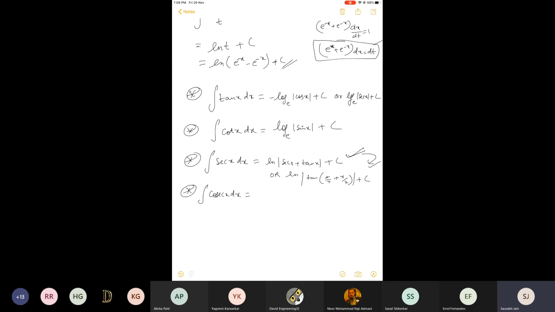Then for the third one, minus ln cosec plus cot plus c, ln mod cosec minus cot plus c, or ln mod tan x by 2 plus c. These three.